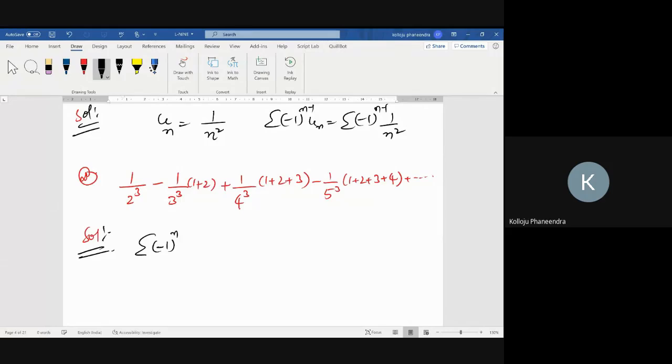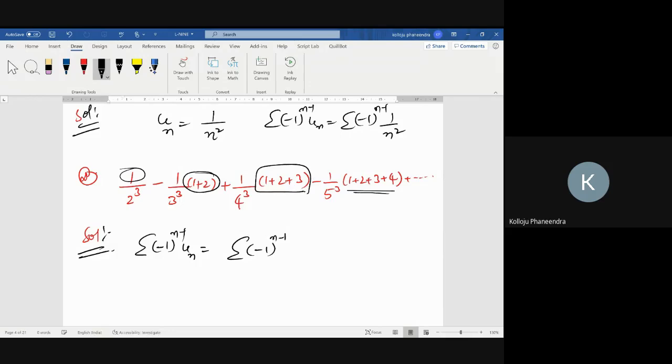Minus 1 whole power n minus 1 un is equal to minus 1 whole power n minus 1. What is the nth term? In the first term there is 1. In the second term, I am writing the numerator part, 1 plus 2. In the third term, 1 plus 2 plus 3. Fourth term up to 4.